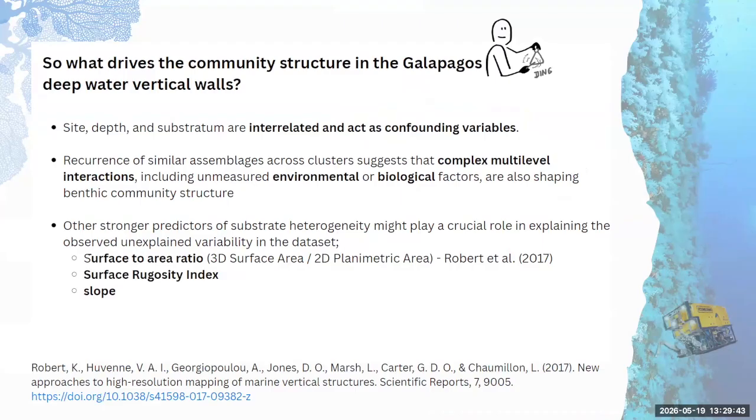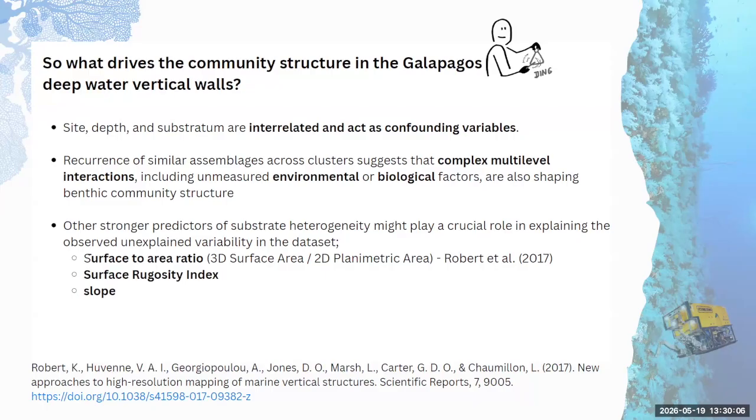There are some directions that I would like to point out, because fine-scale terrain morphological features like surface area ratios, surface rugosity index or slope might be able to better explain the unexplained variation of the data sets.